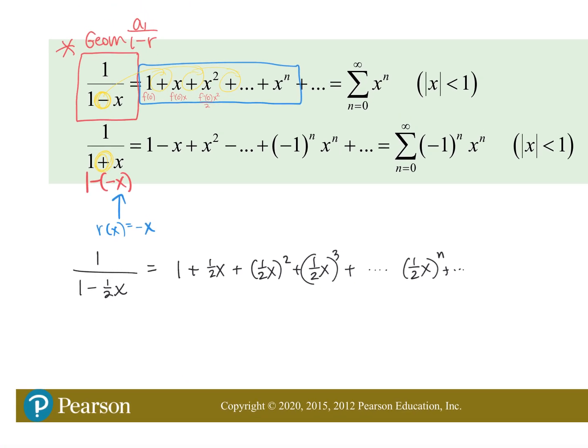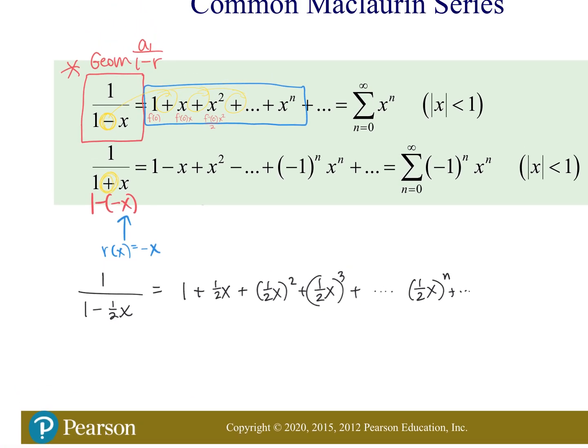You should be able to build 2 over 1 plus 3x. So the way you build that is saying, okay, this is addition, therefore all my terms should alternate.